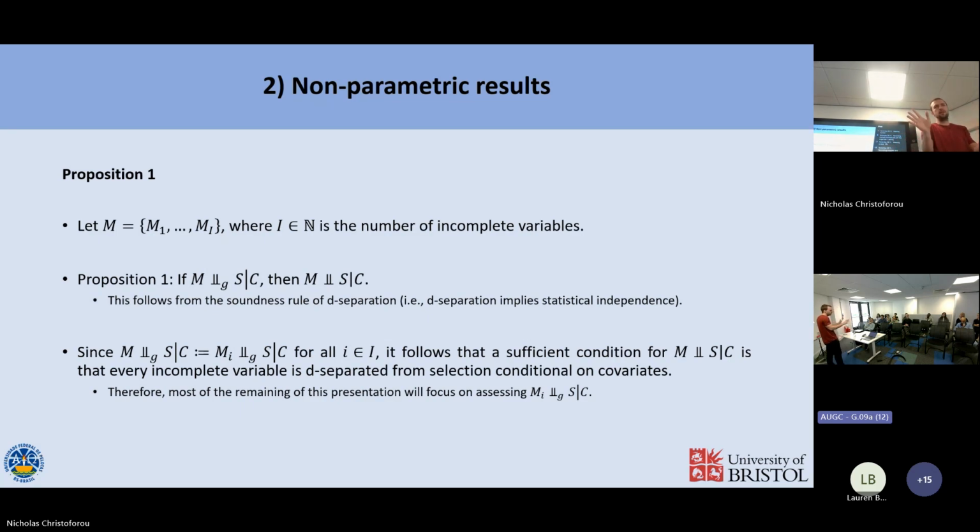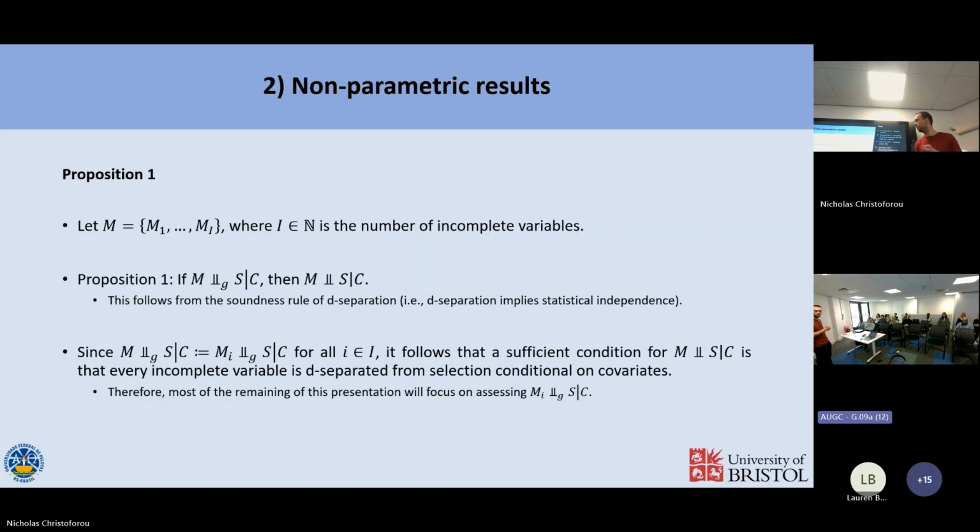The first proposition is that if M as a set and S are d-separated, that's what I mean with the subscript G there, conditional on C, then my conditional independence condition holds. That follows directly from standard separation rules.